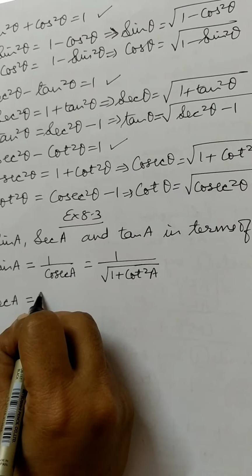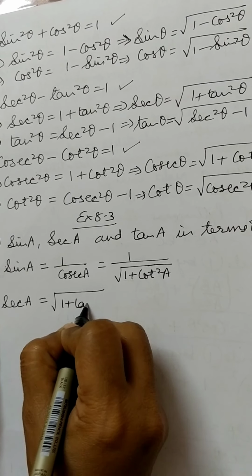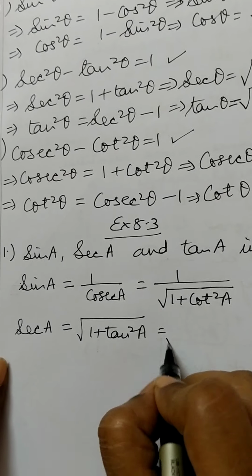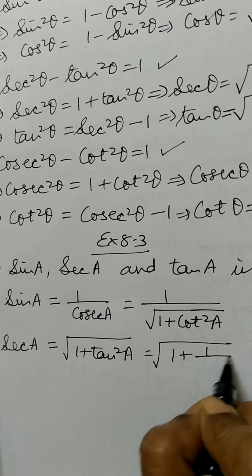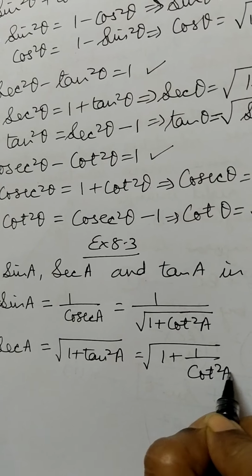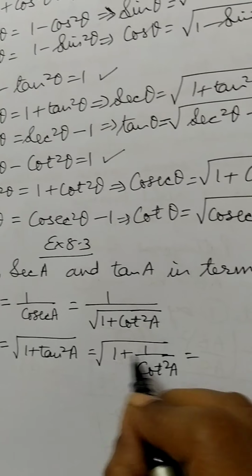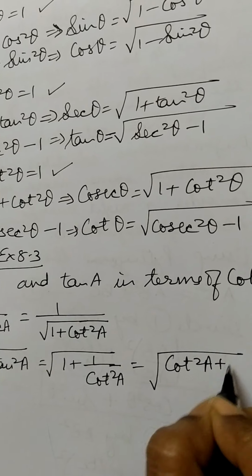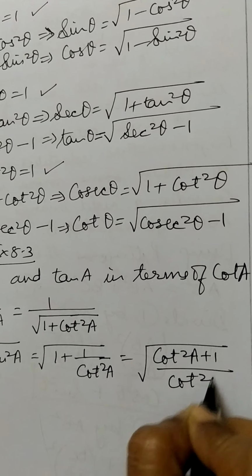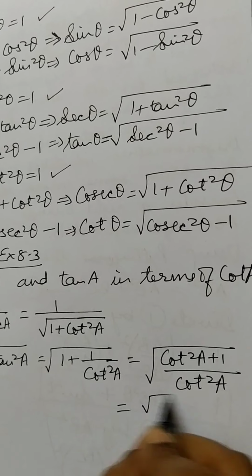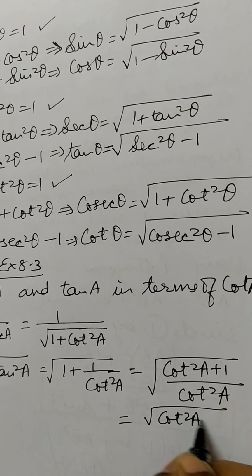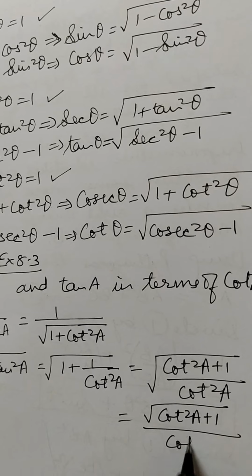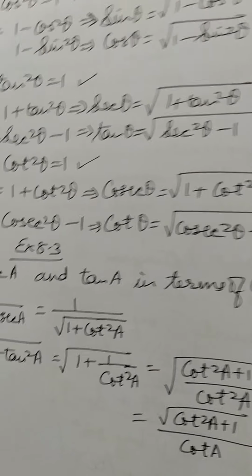Sec A we write as under root 1 plus tan square A, and tan A can be written as 1 upon cot A, so it becomes under root 1 plus 1 upon cot square A. Or you can further take the LCM within the square root, it becomes under root cot square A plus 1 upon cot square A. Or if you want to simplify further, you can write it as under root cot square A plus 1 upon cot A, since the square root in the denominator cancels, you get cot A.